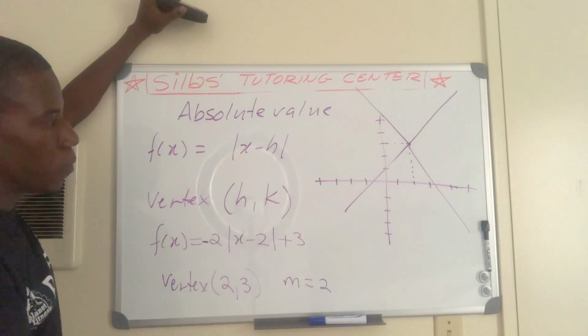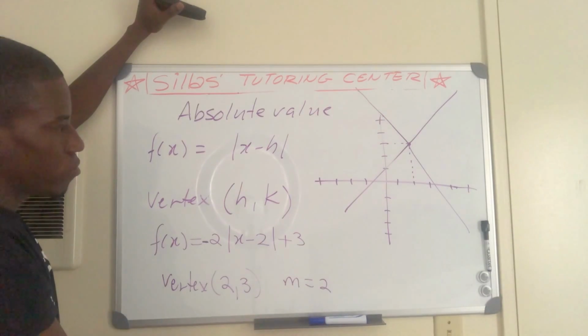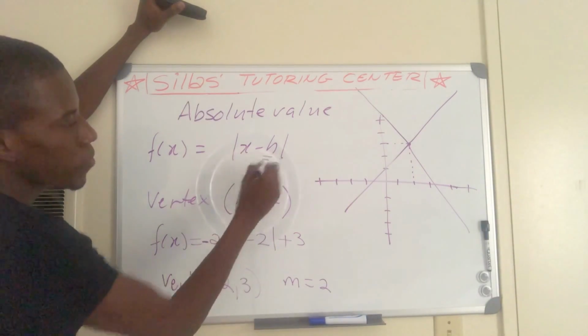We're not going to care about k because we don't have a vertex (h, k), so k is equal to 0. So in that case, we are only going to look at h.